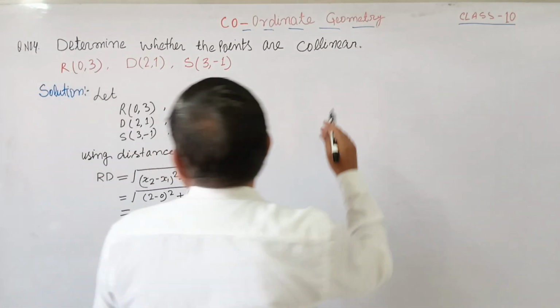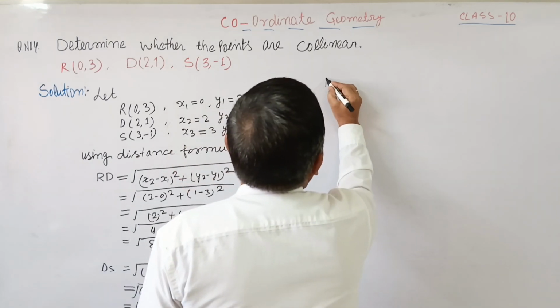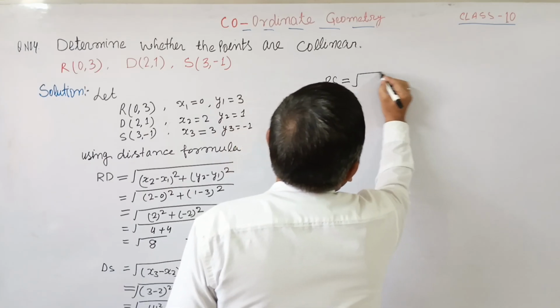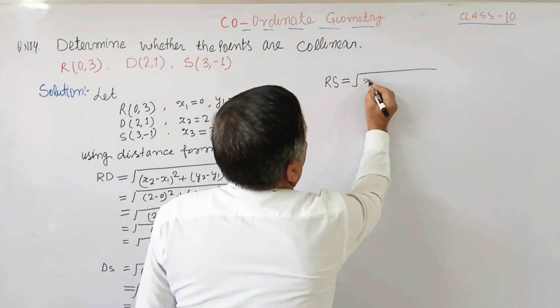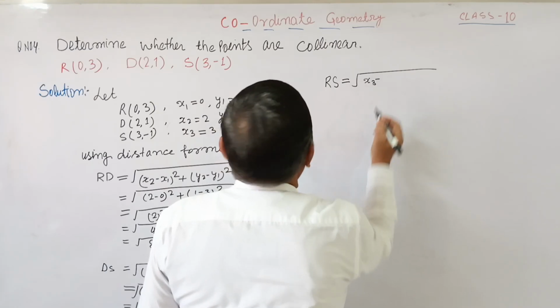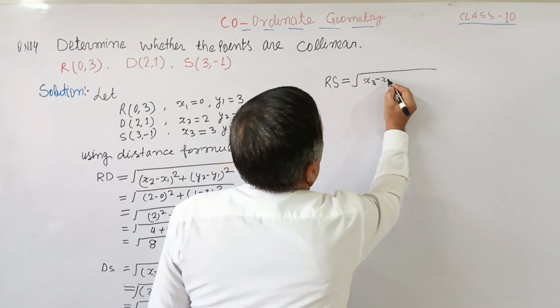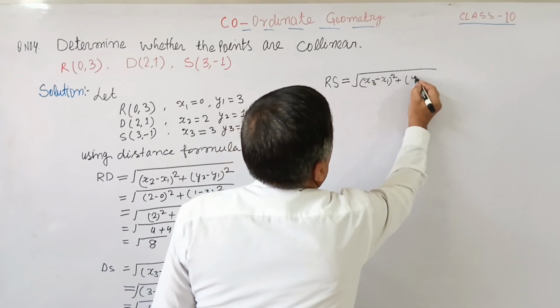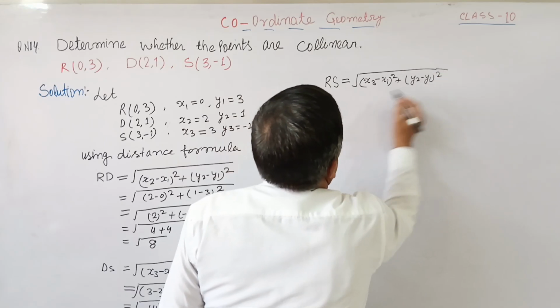Now I will calculate RS, the distance between the points. RS equals root (x3 minus x1) square plus (y3 minus y1) square.